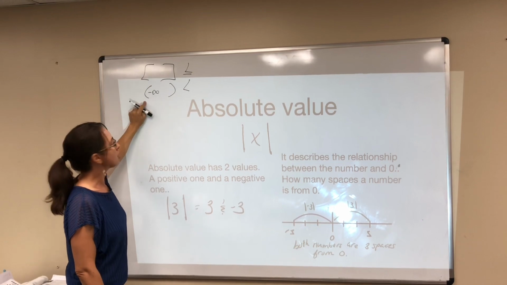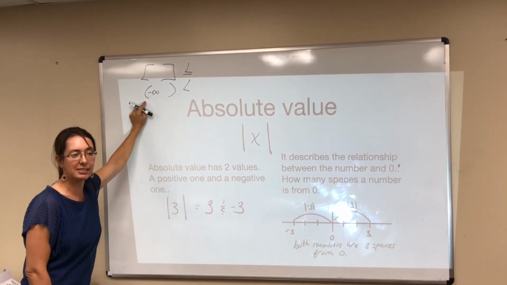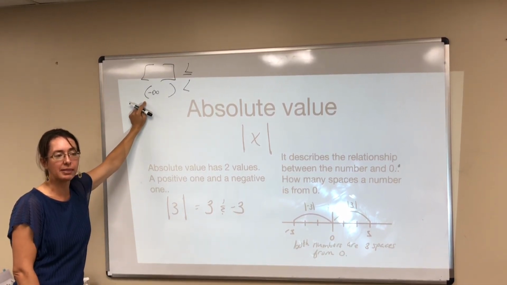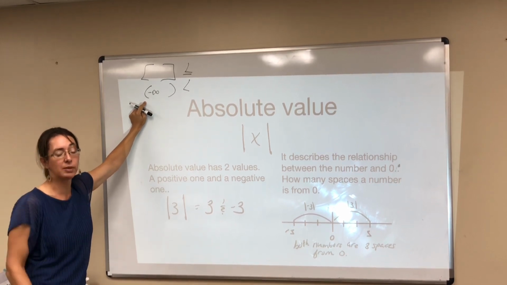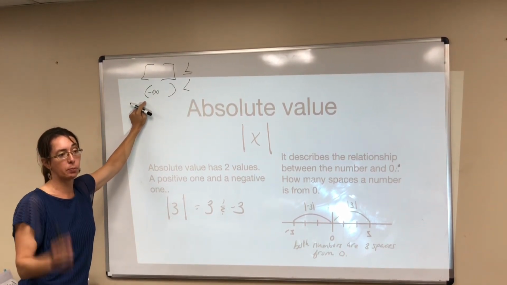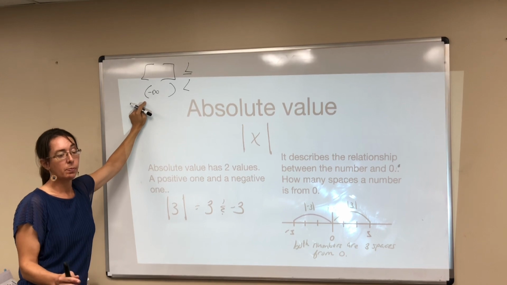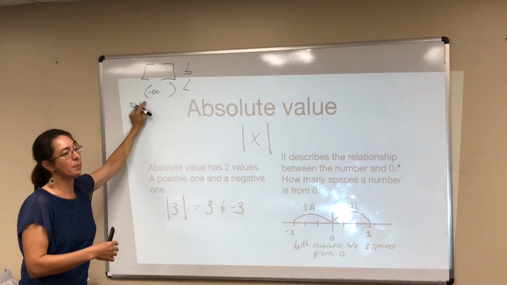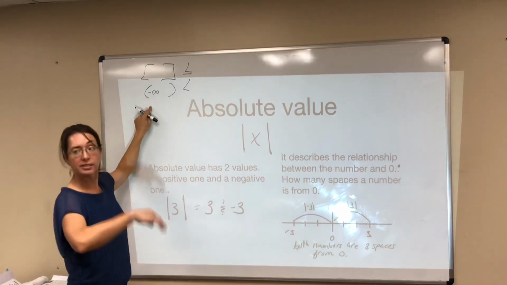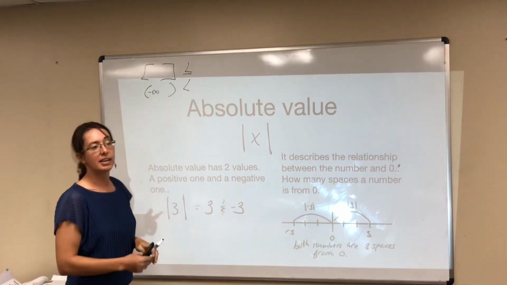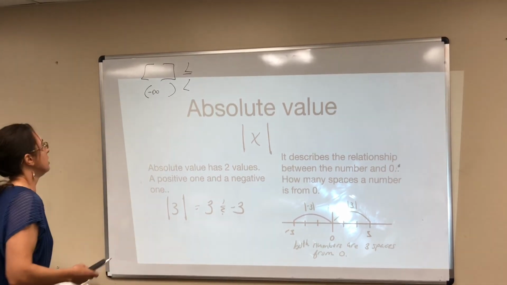Infinity is always a parentheses because it never has an actual ending. You can think about it like the equal sign is an actual ending. You know where to stop, it's a brick wall. When you're not quite sure where to stop because it's not equal or it's going to infinity and it's always changing, it's a parentheses.